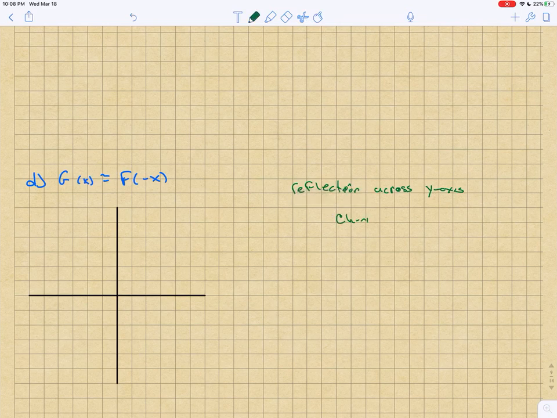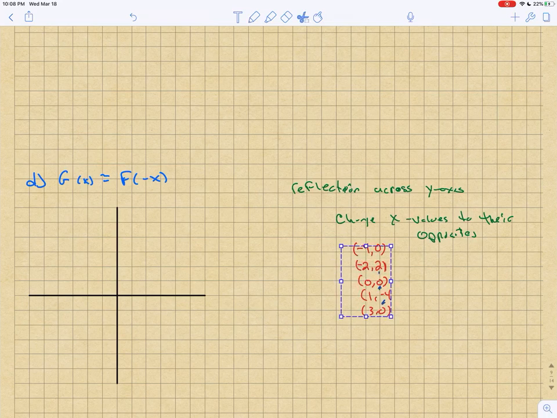Change the x values to their opposites. So, given these originals, we're going to make the x's the opposite of what they were. So what was a -4 becomes a +4.